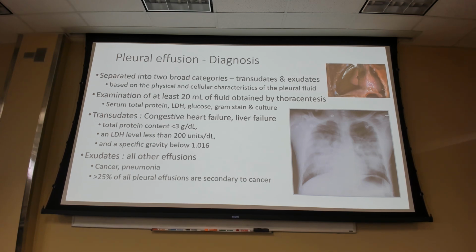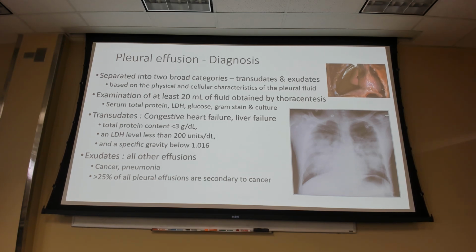So with the transudate, it's typically going to not have a lot of protein in it, and your LDH is going to be low as well. And the specific gravity is typically below 1.016. And this is because it's not an infection. So obviously, with an infection, we have a lot more protein leaking. Lactate dehydrogenase is obviously involved in all the cells in our body.